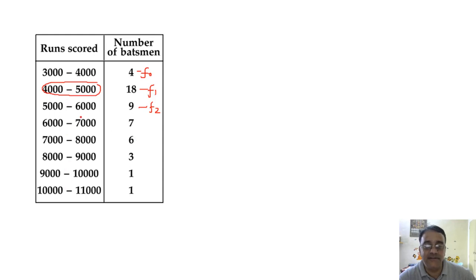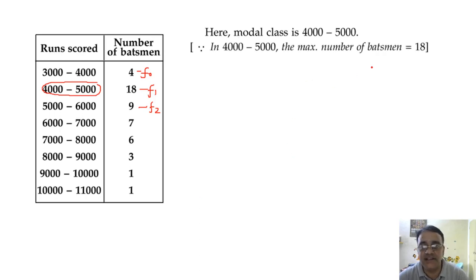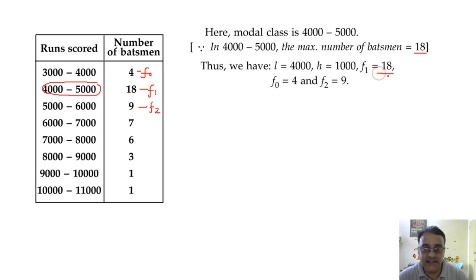And what is the value of l? 4000. Right. So first we will start with the modal class. Modal class is 4000 to 5000. Why? Because its frequency is highest, that is 18. And l is 4000, h is 1000, and F1 is 18, F0 is 4, and F2 is 9.